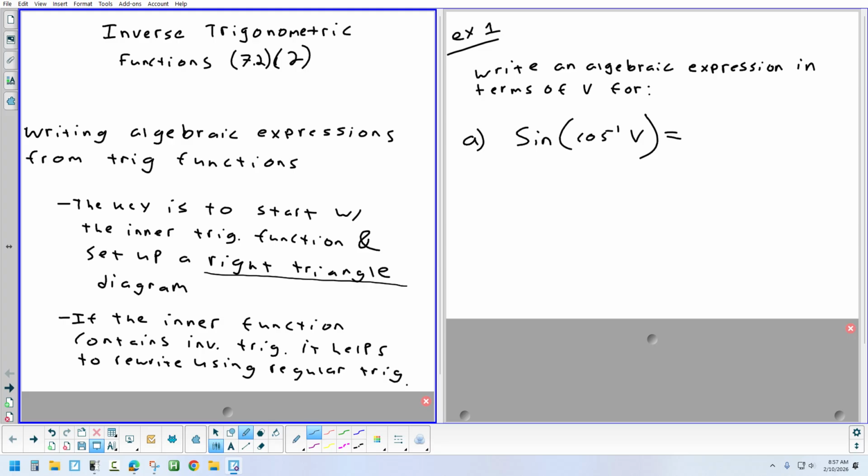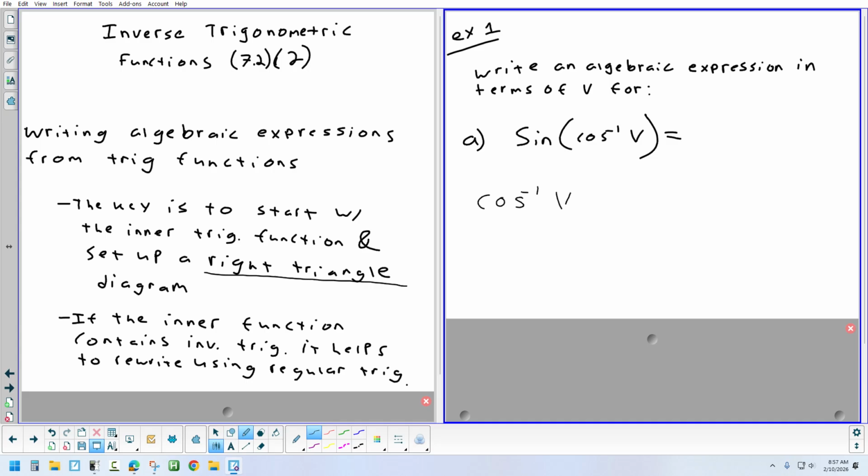Any equation you write with inverse trig, you could rewrite it with regular trig. We can change it. So for now, we're going to forget about the outside function. The outside function is sine. It's the one all the way on the left. But that's not going to have any effect on what we do until the very last step. We have a few steps to do before we look at sine. So let's start with the inner trig function.